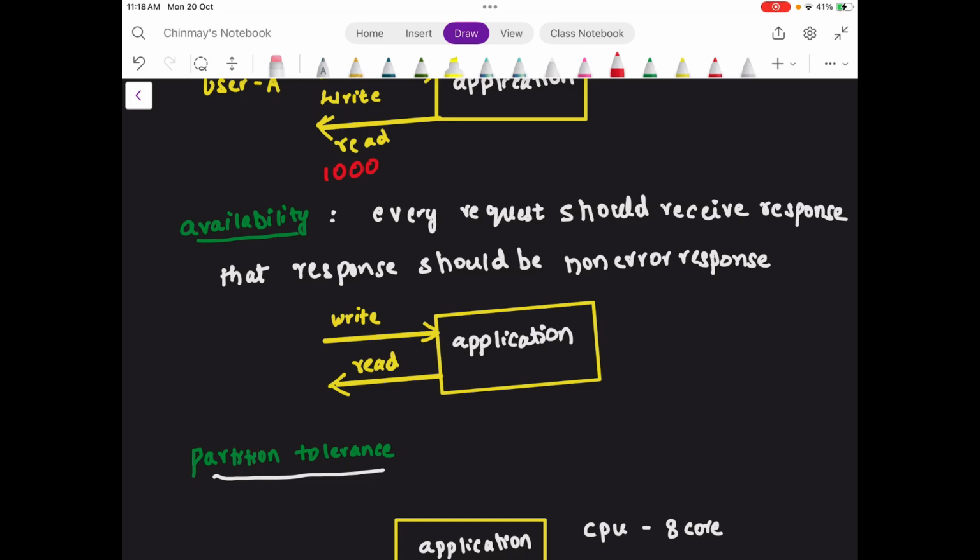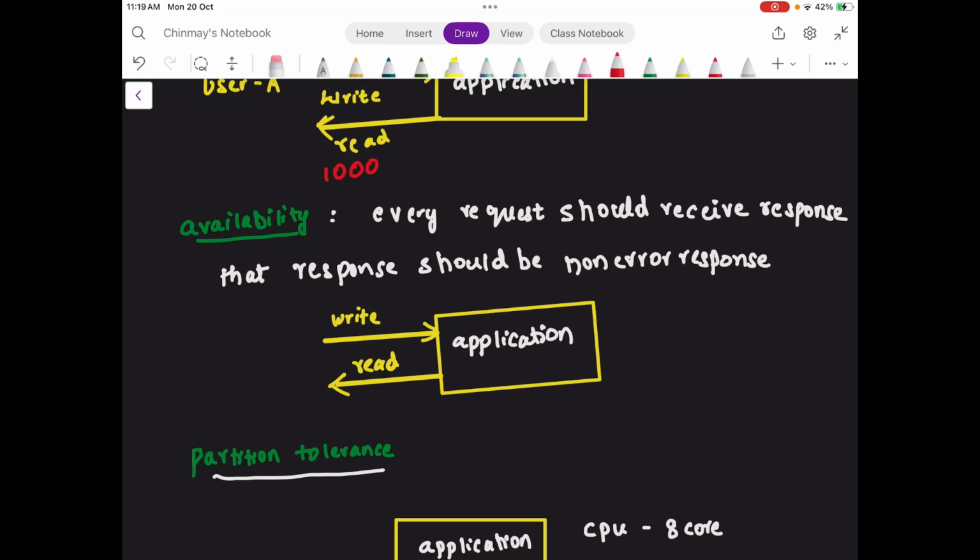What is meant by availability? Availability means every request should receive a proper response. It should not be an error response. Even user defined error messages are fine, which means your application is working. If your request abruptly receives an error message, it shows that one of the components is not available.